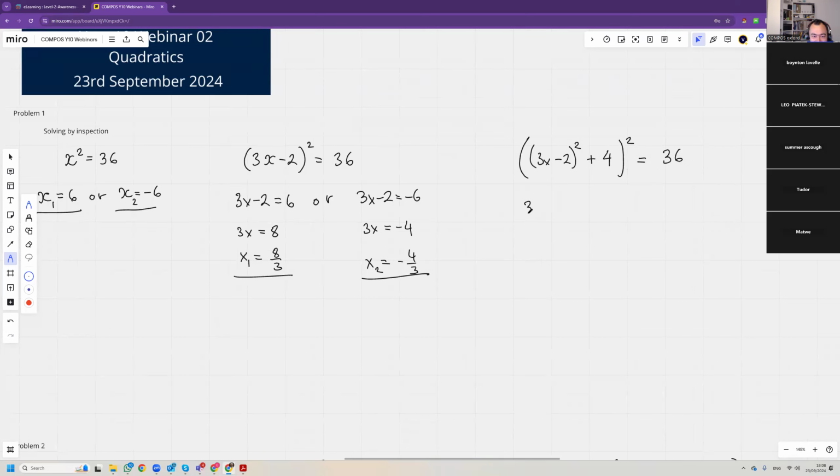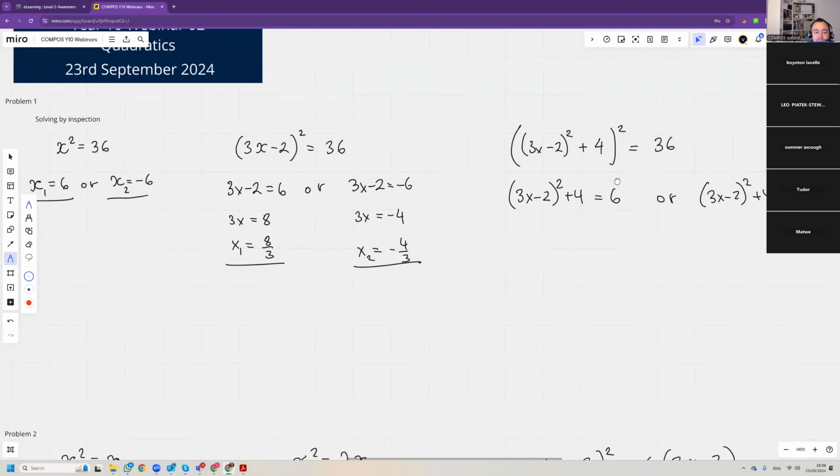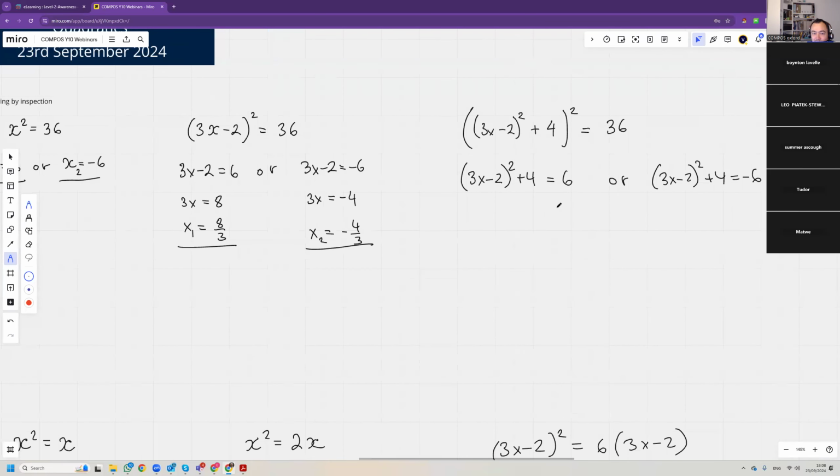So that means that 3x minus 2 squared plus 4 is either 6, or 3x minus 2 squared plus 4 is minus 6. And then we can unwrap this. So 3x minus 2 squared is 2, or 3x minus 2 squared is negative 10.